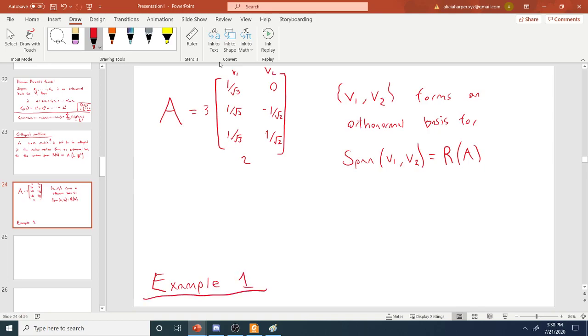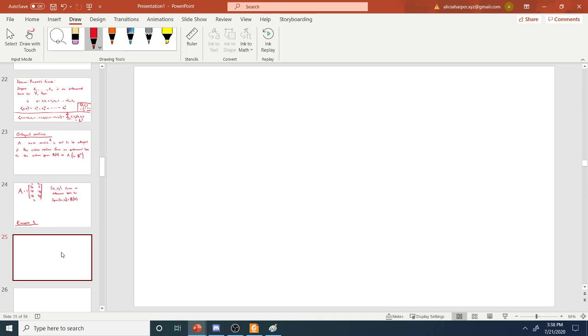So let's do another example. So let theta be a real number. Then we can set A here to be cosine of theta, we put sine of theta here, negative sine of theta here, and cosine of theta here.